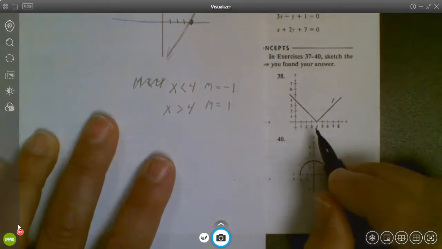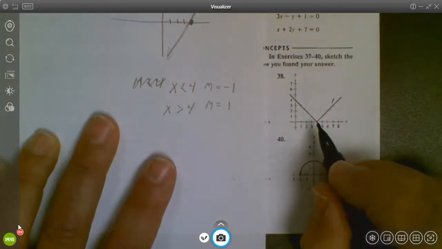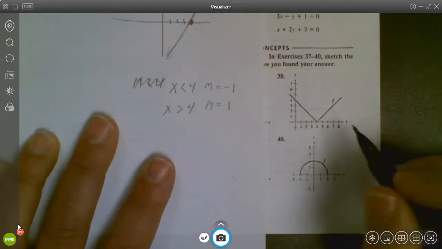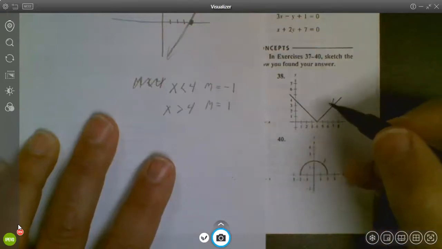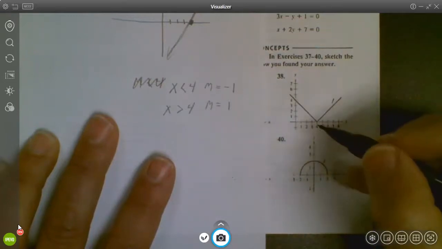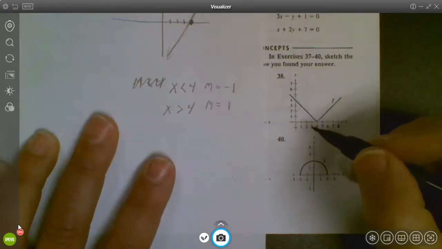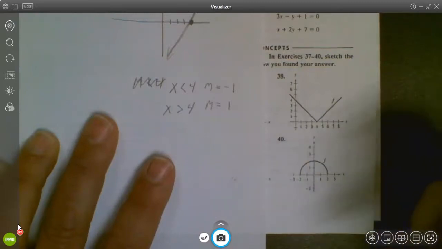Well, what's going on at 4? If you get a point, a vertex like this, notice you can't draw a horizontal tangent line on this because we're going from constant negatives to constant positives. There's no curve here. Where it's not curved, where you get a sharp point like this, your slope at those points is undefined.